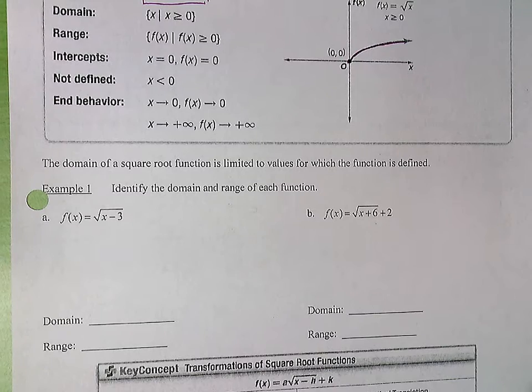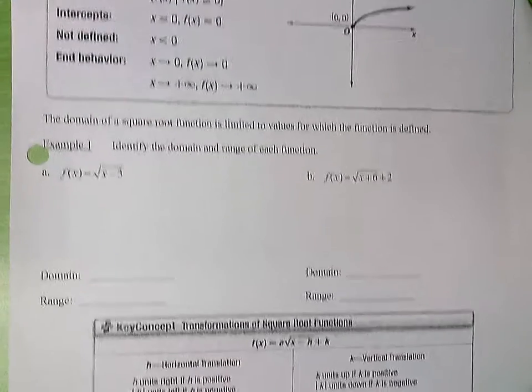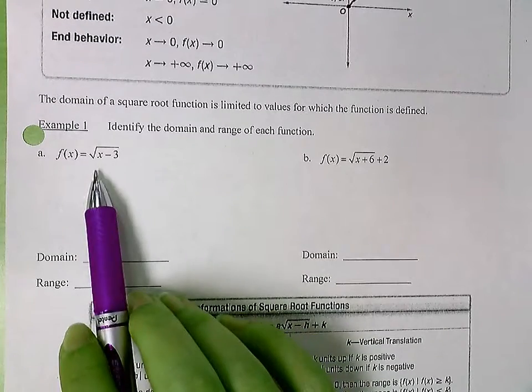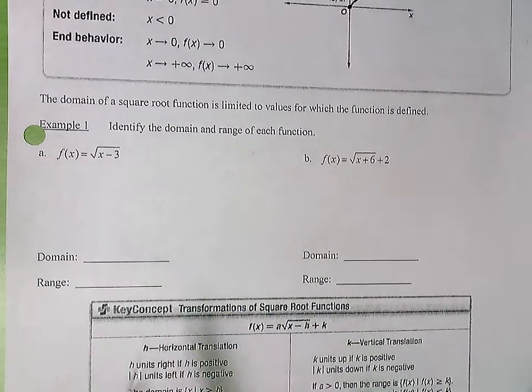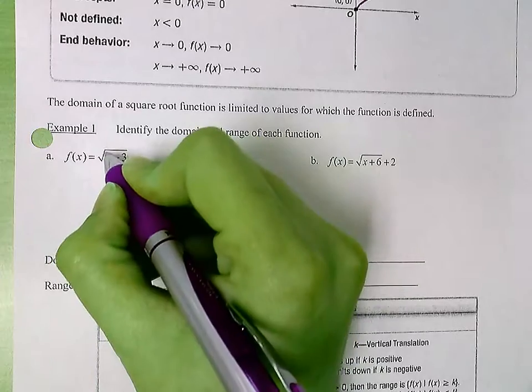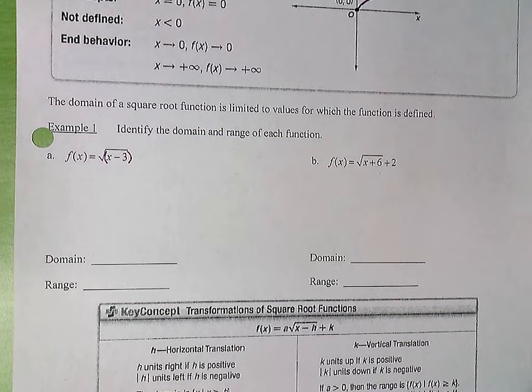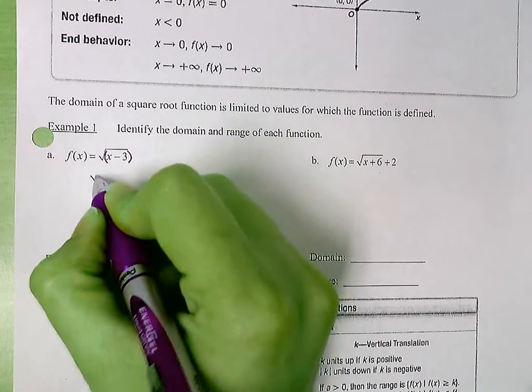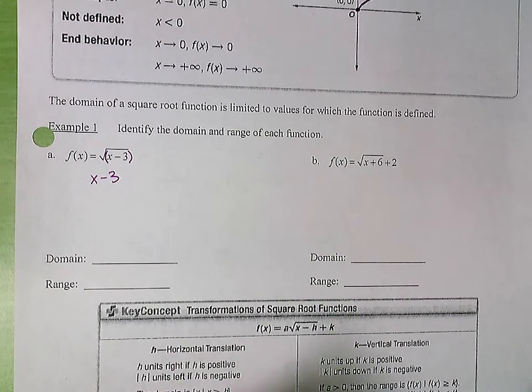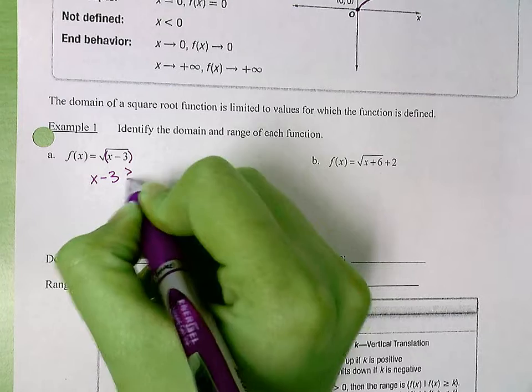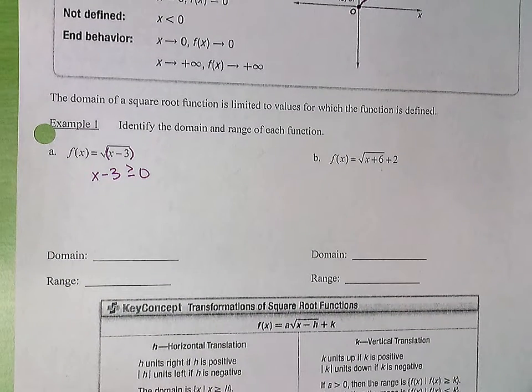So in example 1, we want to find the domain and range of this function here. I'm going to look at what's underneath that radical, or that square root symbol. It's x minus 3. So whatever's under that symbol, x minus 3, has to be greater than or equal to 0.